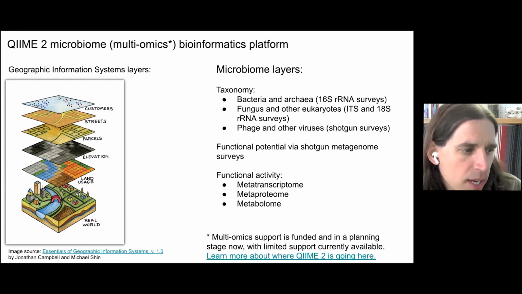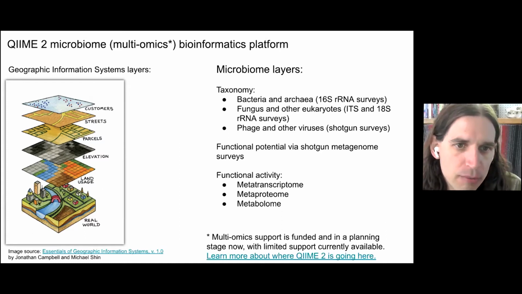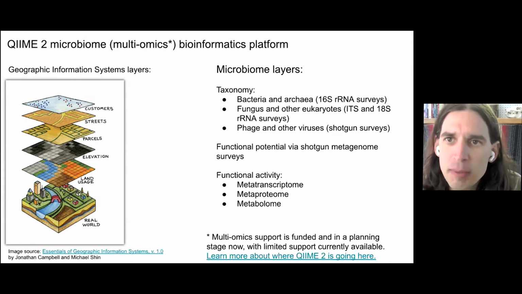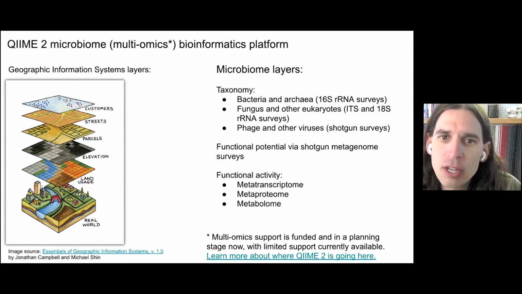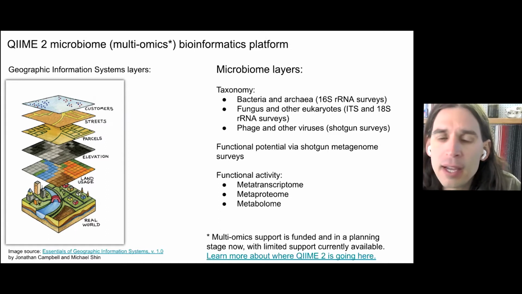But just like how we think about GIS systems in terms of data layers, for example, if we want to model the real world, we might have land usage and elevation and streets as different layers, we're starting to think about analyzing the microbiome using different data layers as well. In a microbiome survey, taxonomy might be one of our layers, but we might also want to know what functional potential is present in the community through a shotgun survey.